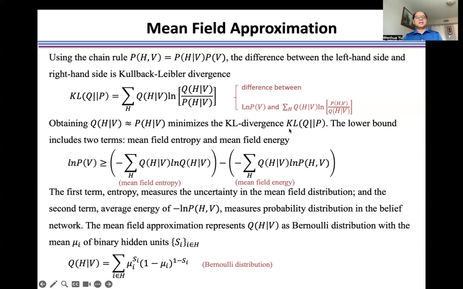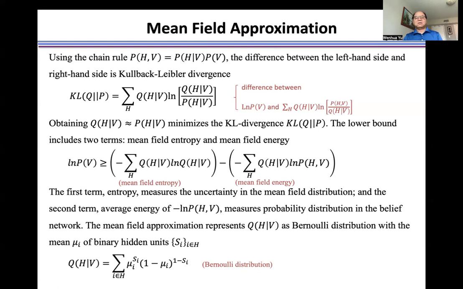The lower bound includes two terms. One is mean field entropy, one is mean field energy. The first term measures the uncertainty in the mean field distribution, and the second term measures the probability distribution in the belief network.